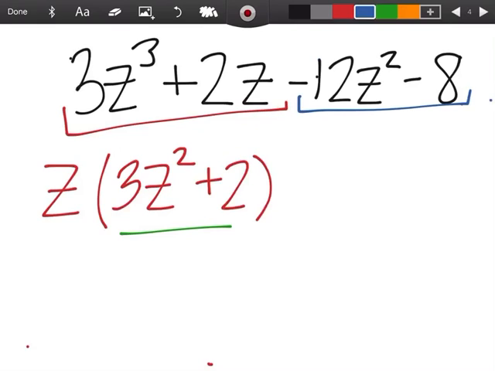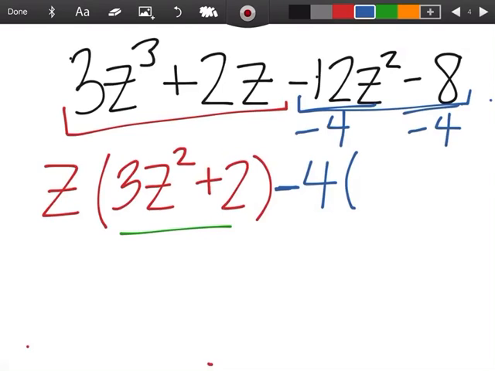It's 4. 4 is the biggest number that goes into 12 and goes into 8. So when I factor out a 4, I want to make sure that what's in the parentheses is positive. So for that reason, I'm going to factor out a -4, which means I'm dividing each term by a -4.